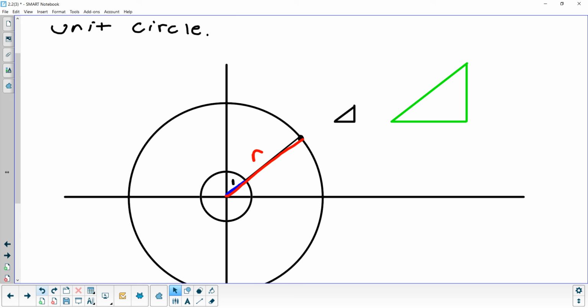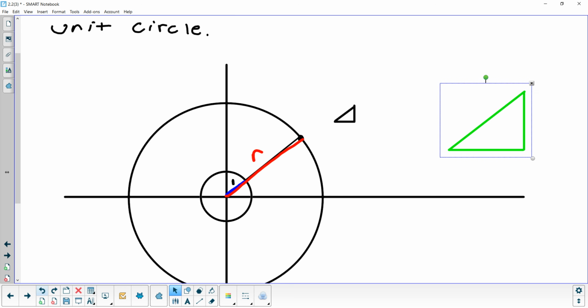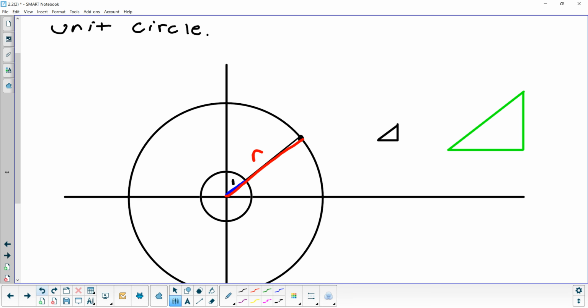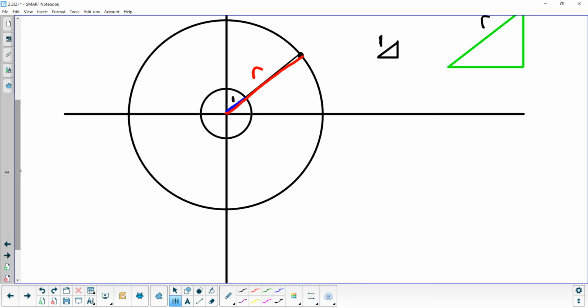Looking at the black triangle, what was the radius, or what's the hypotenuse of the black one? Yeah, 1. What's the hypotenuse of the green one? Yep, it was R. All right. So let's kind of make a little thing here. Let's call it original, and then the new one.